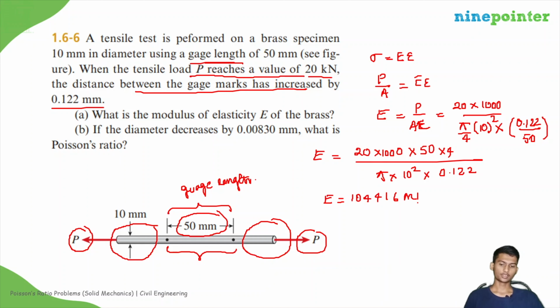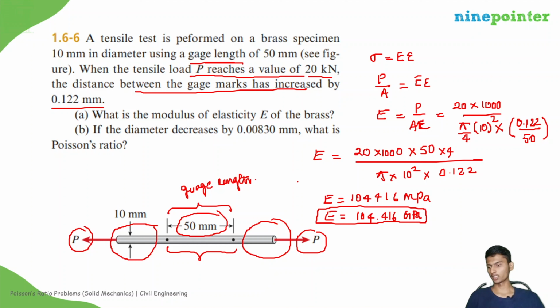This is in megapascals, right? Because we put P in newtons and D in mm. So the value of E which we get will be in megapascals. So E will be equal to 104.416 gigapascals, right? So this is the answer for the first question.